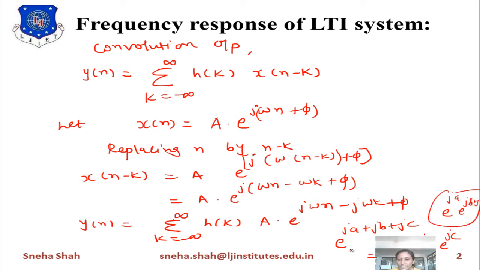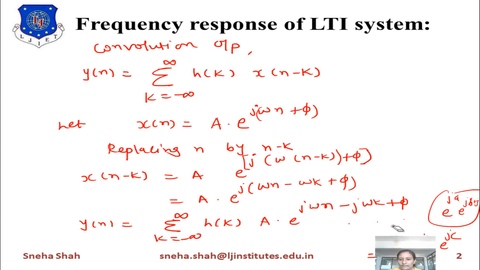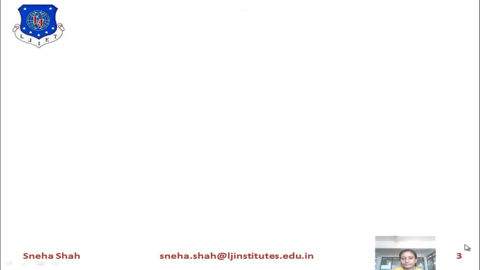So we will use this type of function to represent this e raised to something part. For that, the next step is y of n equals summation k equals minus infinity to infinity h of k a into e raised to j omega n plus phi into e raised to minus j omega k.